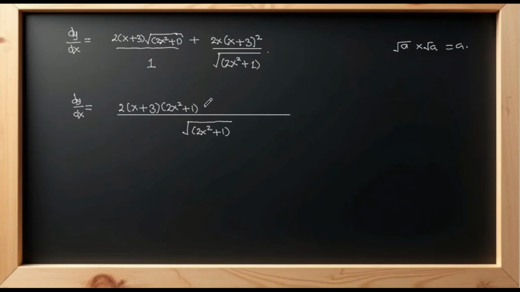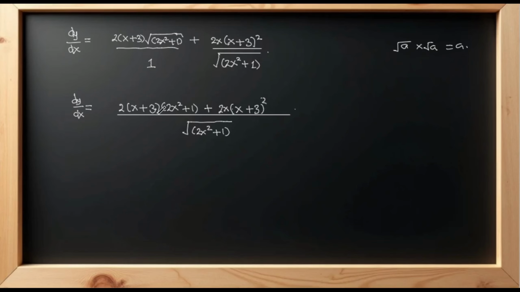Then we bring our addition sign here. Now this LCM dividing this denominator will go to 1, multiplying by that, remaining the same thing, 2x into x plus 3, and this bracket is also squared.